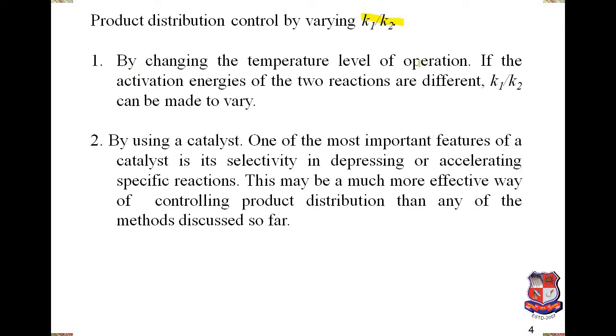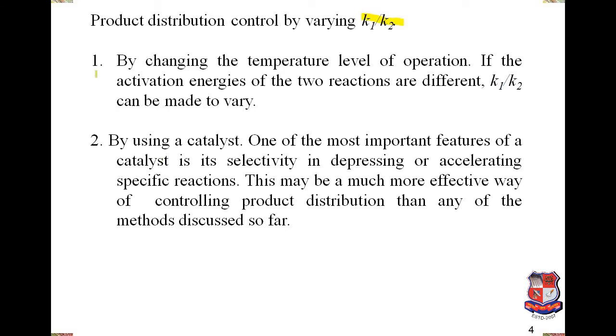By changing the temperature of operation, if the activation energies of the two reactions are different, K1 and K2 can be made to vary. By using a catalyst, one of its most important features is its selectivity in repressing or accelerating specific reactions. This may be a much more effective way to control the product distribution than any other method.